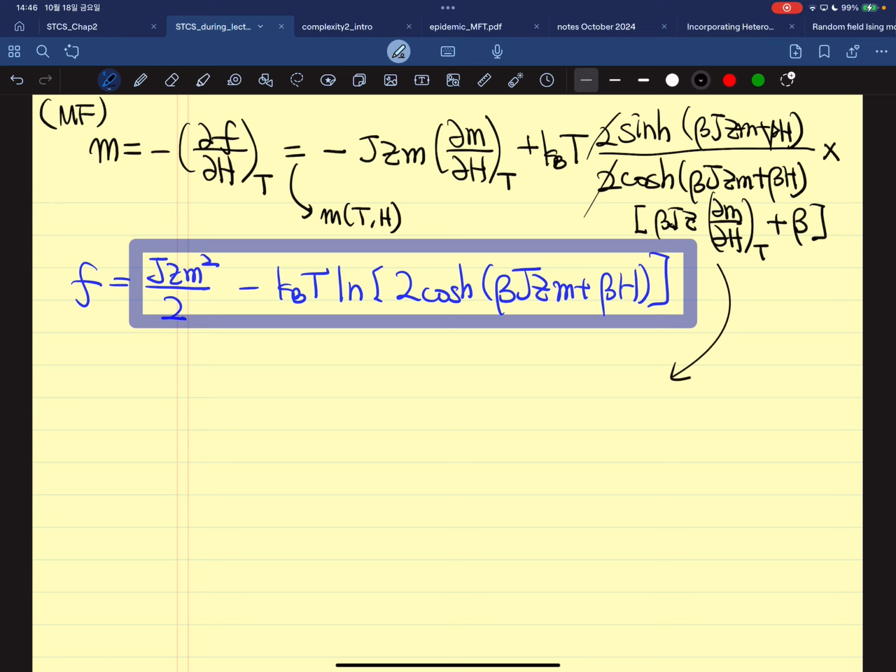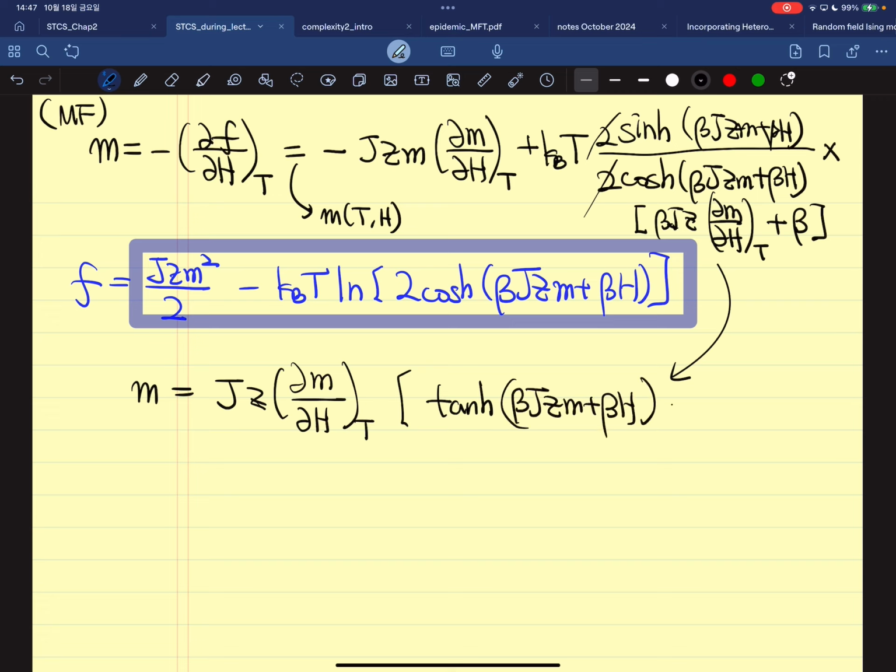Then this term becomes J times m, this one, and a hyperbolic tangent of beta h plus beta J m, and minus m, this term.